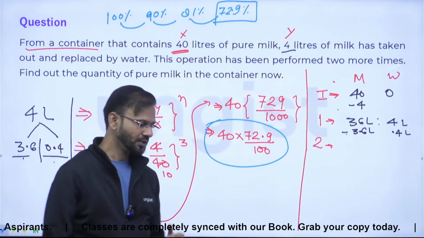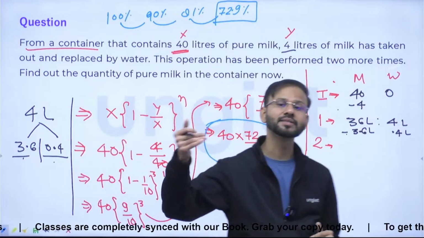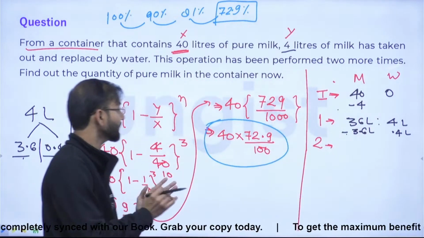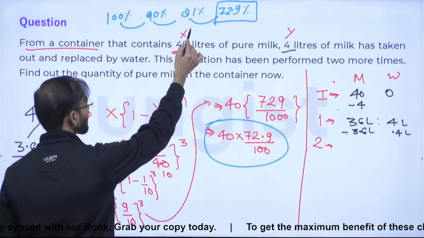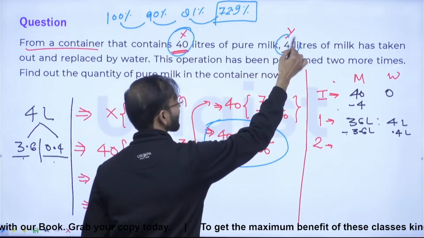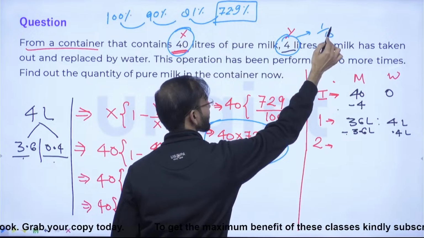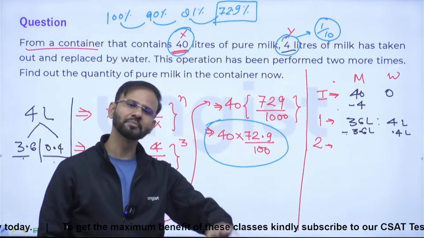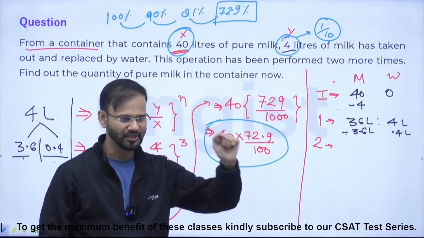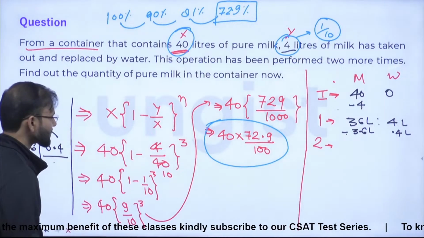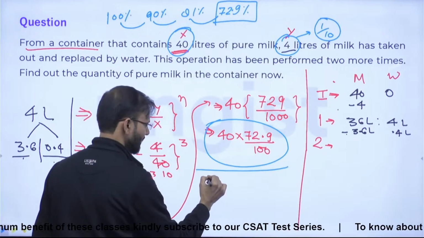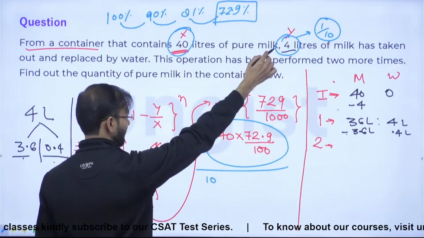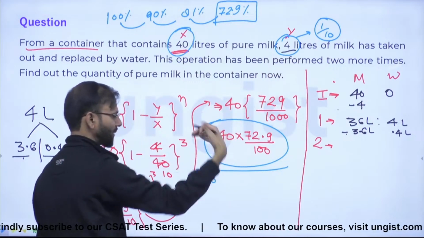And now, the process that we were using yesterday, here, just look at the relationship between 40 and 4. Guys, this is 1/10 of this, right? And 3 operations of 10%, 10%, 10% are being done. So assume initially it is 10, because you are taking 1/10.